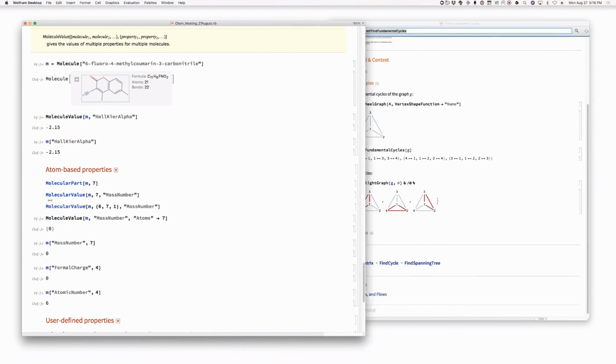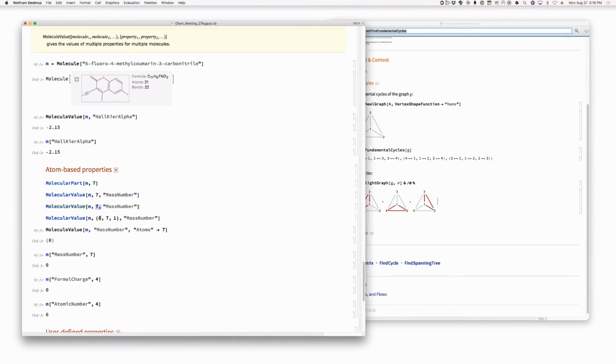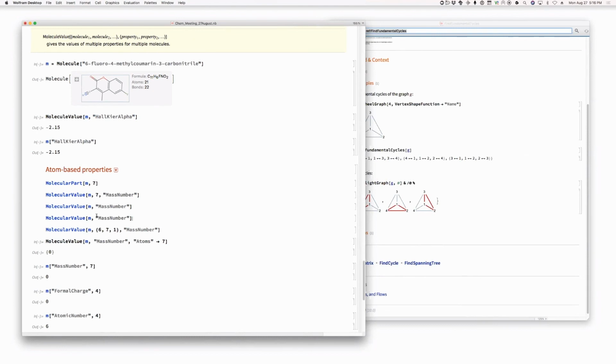We just said it's an optional second argument. Okay, so that would also work, and that would be equivalent to, presumably, this. But we need other examples of what the property argument to molecular value can be.